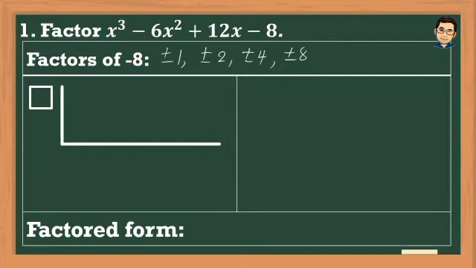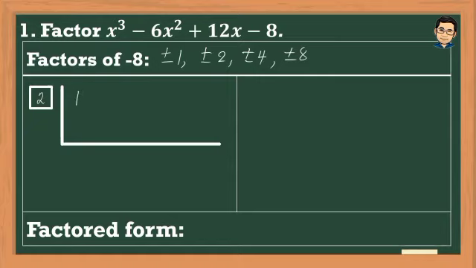And then from this factors, pwede tayong mag-trial and error using synthetic division. So, pero dito, yung mismong factors na yung ating ipapakita. So, isa dyan is yung 2. Okay? So, ilista lang natin yung coefficients ng given polynomial.